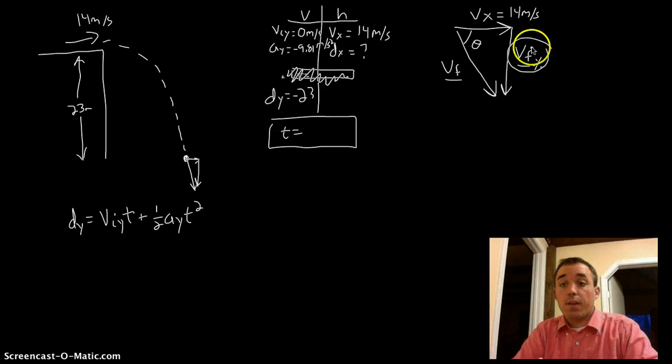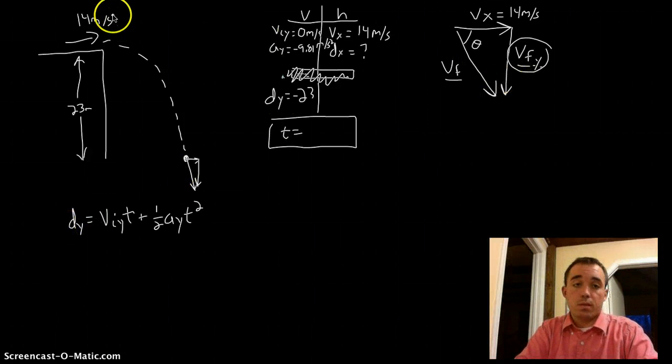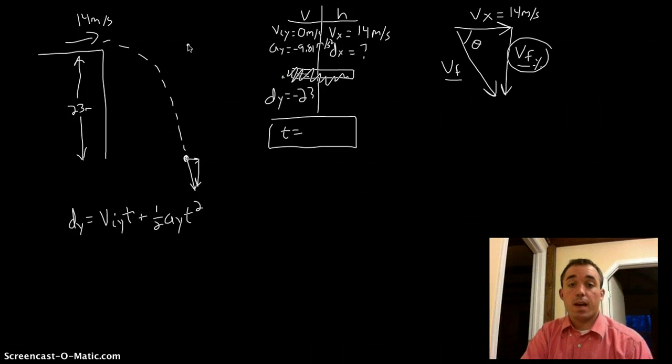Either we're given VFY, in which case you don't have to find time at all to find it, or we know dy. In this case we know dy, so we use this equation. If we knew VFY, we would use a different equation, VF squared equals VI squared plus 2A dy, or VF equals VI plus AT, to find time.